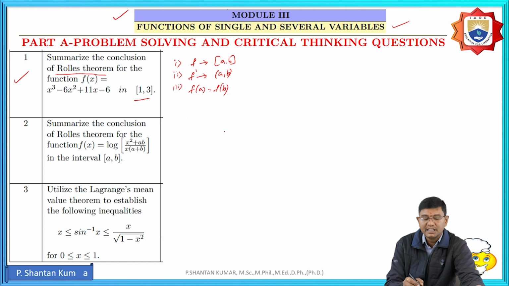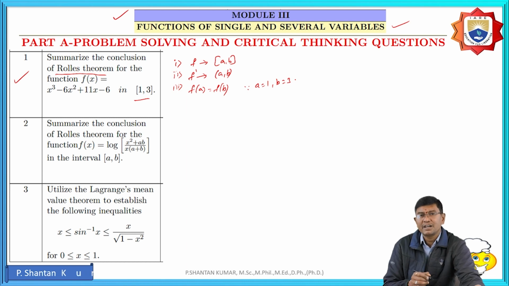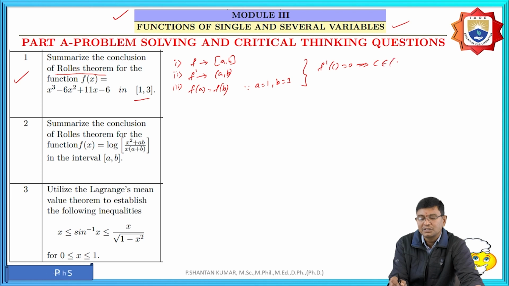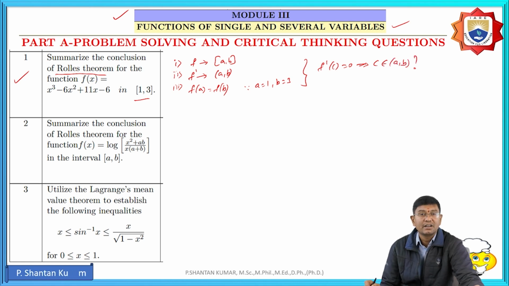Here a is 1 and b is 3. Based upon that, we check whether f of 1 and f of 3 are the same. Then there exists f dash of c equal to 0, where c belongs to a comma b. We need to find out the value and whether it is satisfied or not.